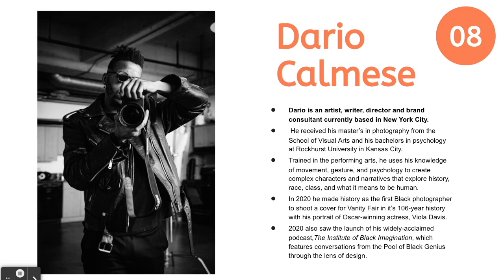Dario Calmese is also somebody who I saw at Adobe Max. His session was my most favorite one from that Adobe Max. I love that a lot of photographers are also artists, writers, dancers. We're all kind of mixed in, and it allows us to look at things a little differently.